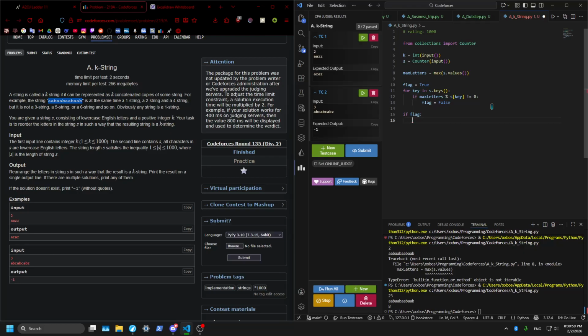If flag is true, then that means we can output huh, I don't know.